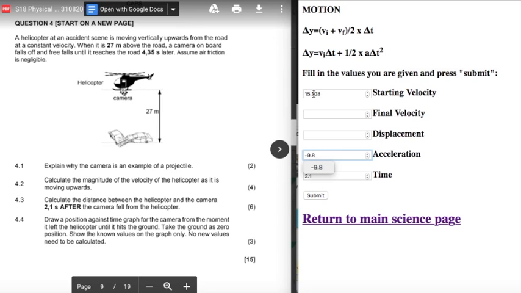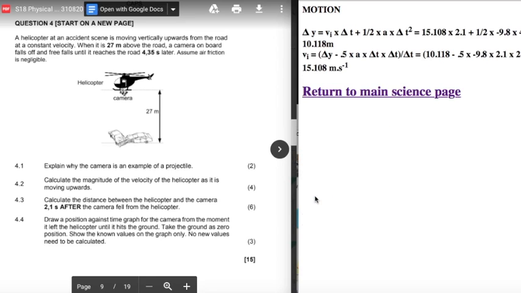So the camera started at the same velocity as the helicopter, but now it's under the influence of gravity, minus 9.8, for the same 2.1 seconds. Let's submit it. And look, there's the value for delta y. Our camera has gone, positive, 10.118 meters up. So the helicopter went 31 point something meters up, and our camera went 10.118 meters.